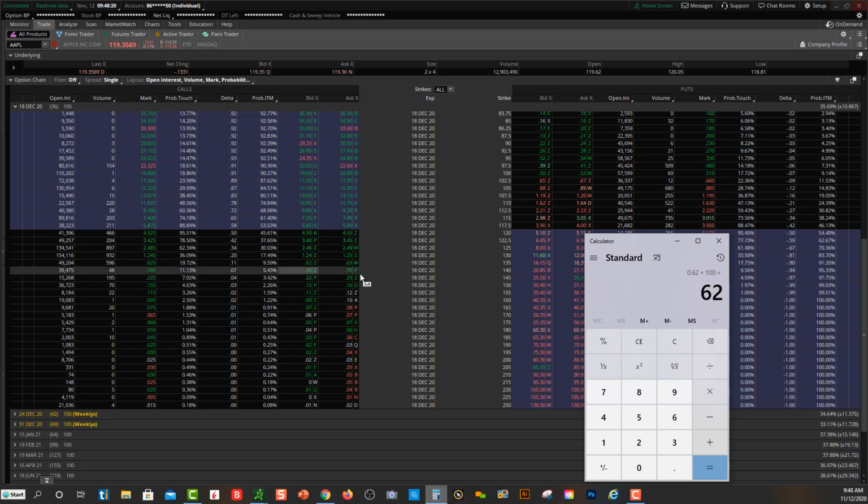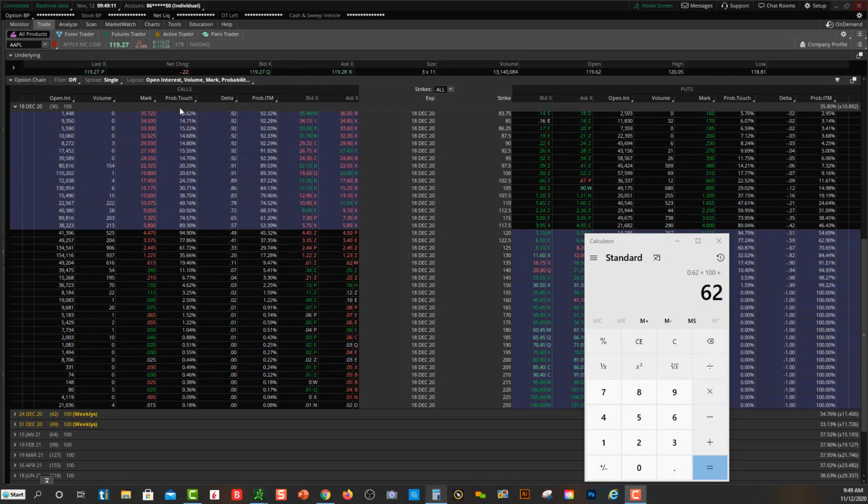And that's where, great, it's cheaper at $62, but you're basically just giving money to somebody else because the odds are not in your favor. It's basically gambling, right? But that's what most new traders do with options. They come in, they buy the cheapest option, then they blow up their accounts, or they say, oh, options are risky. Well, they're risky because they didn't do the right option strategy. They're buying the cheapest options, not realizing they're out of the money and the odds are not in their favor.